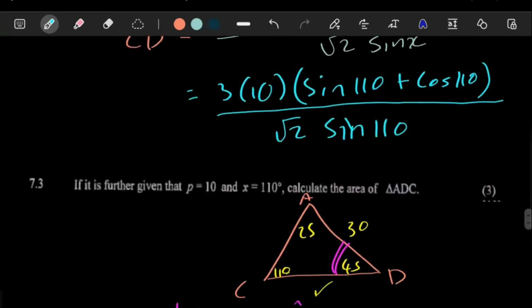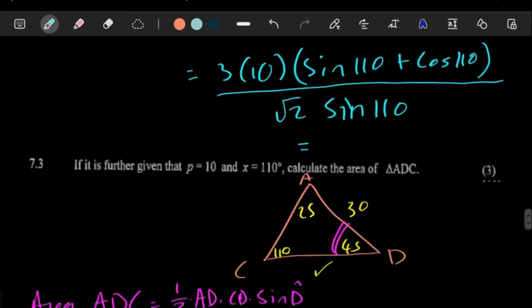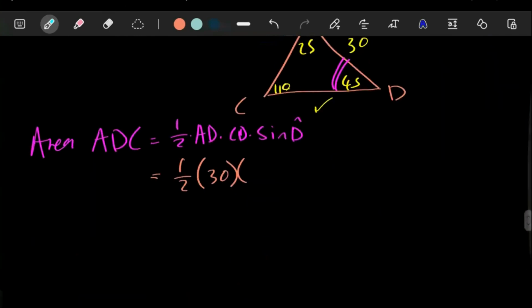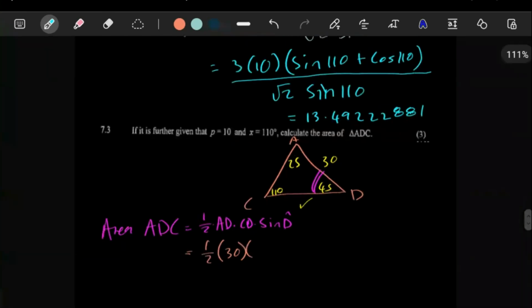So in the calculator, let's see what all this gives us, because it's best to have this value without it being simplified. 13.59123881. So let's put in that information where CD is.